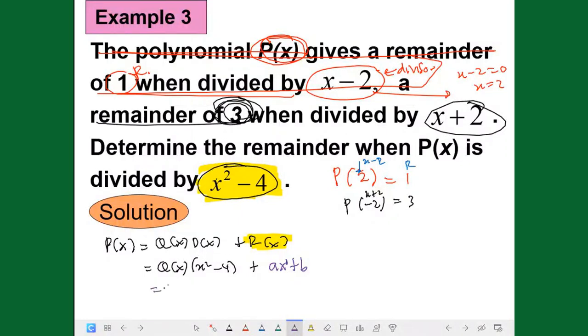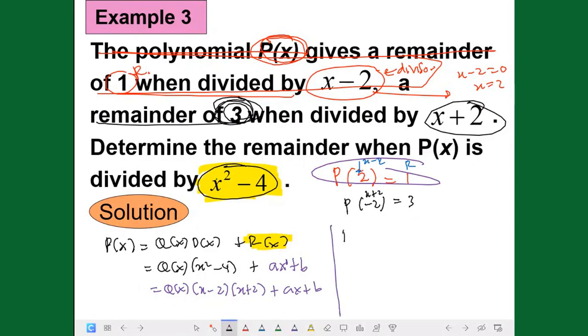Now this can be factorized, plus ax plus b. So you can substitute, I use the concept first: take P of 2, put in Q of 2, substitute in this. 2 minus 2 is 0, 2 plus 2 is 4, plus A times 2. So 2A plus B is equal to 1. This is 0, confirm 0.